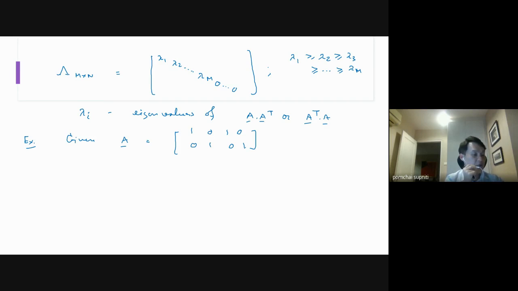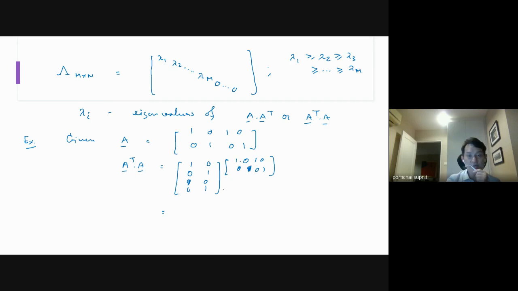Okay. So in order to find V, we will multiply A transpose by A, and this will be equal to 1, 0, 1, 0, 0, 1, 0, 1, multiplied with 1, 0, 1, 0, 0, 1, 0, 1. Okay.